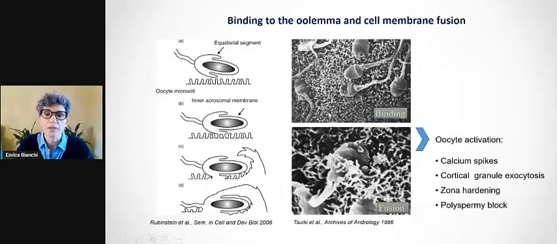And specifically, I'm going to focus today on the interaction of membranes of sperm and egg. The interaction is depicted here schematically, and also you can see two beautiful images taken with scanning electron microscopy, showing again the interaction of the sperm with the surface of the oocyte, which is covered in microvilli, and the engulfment of the head inside the oocyte during and after fusion.